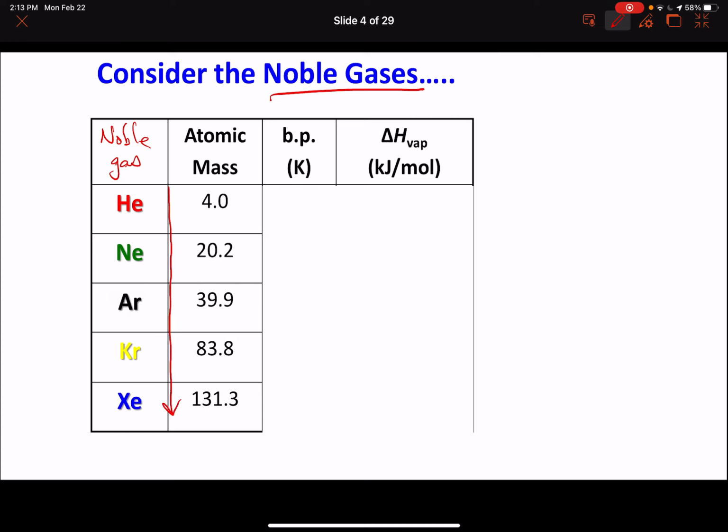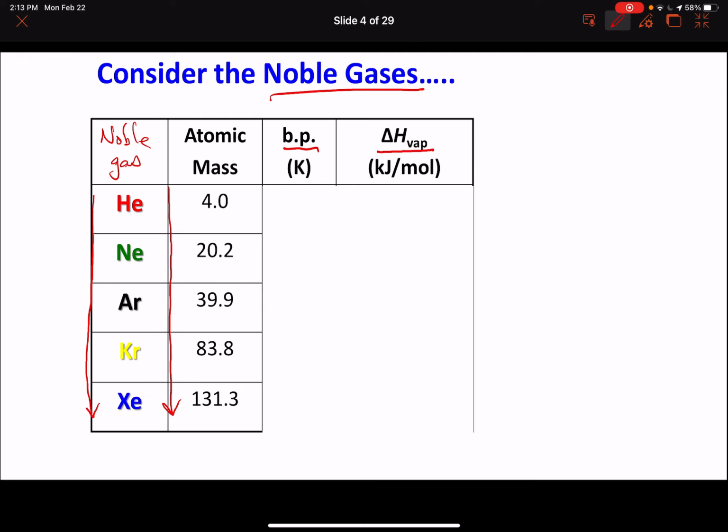And you'll recall our conversations about atomic size. We know that as you go down a column in the periodic table, atomic size is increasing as well. So we can look at the table and look at the same categories, boiling point and the enthalpy of vaporization, the energy to vaporize 1 mole of the noble gas.